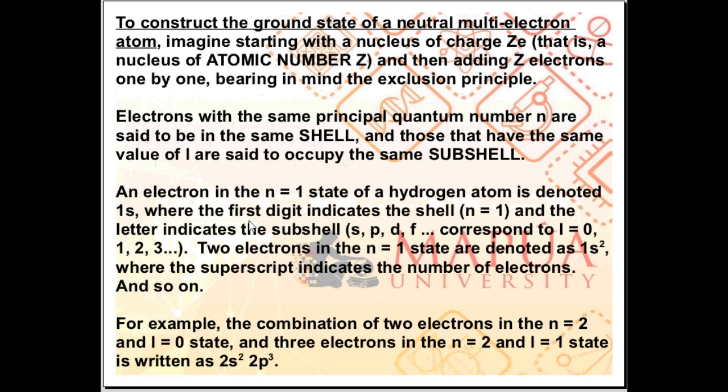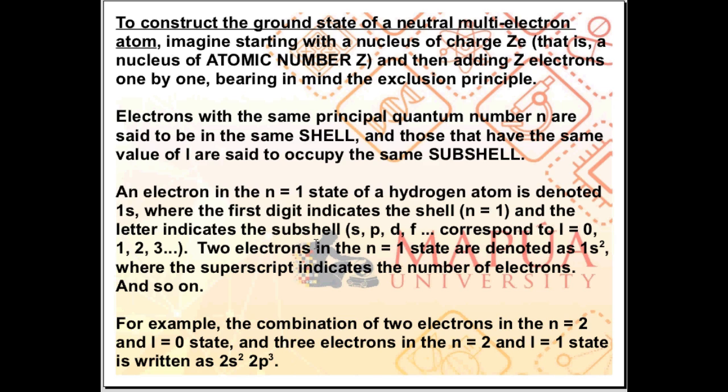An electron in the n equal to 1 state of a hydrogen atom is denoted as 1s, the 1 being the shell. If n is equal to 2, then it is denoted 2s, where the first digit indicates the shell, n, and the letter indicates the subshell.